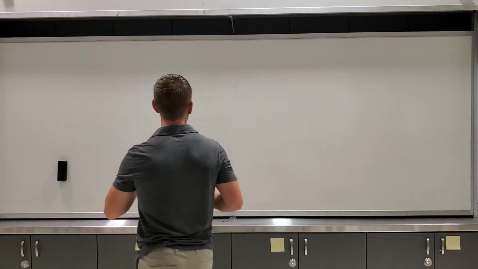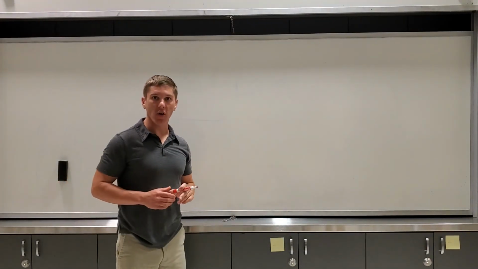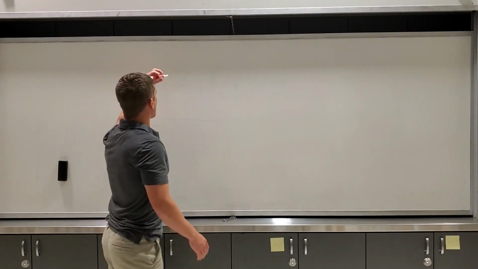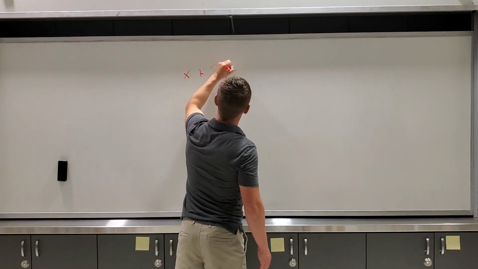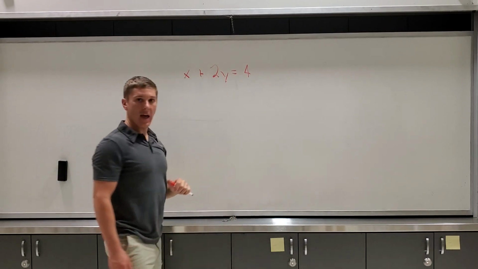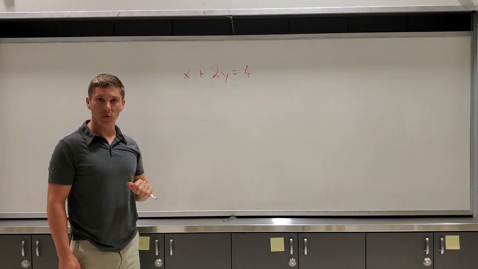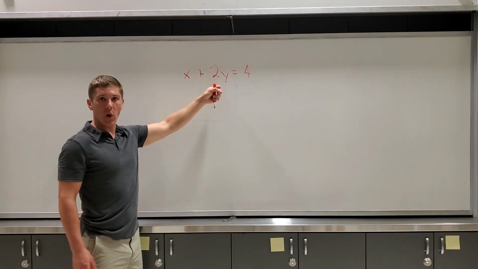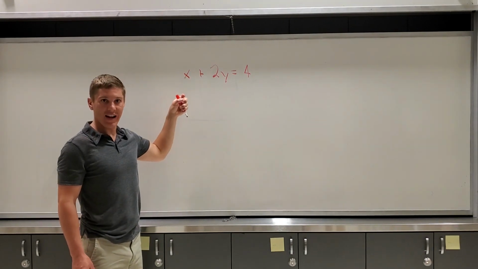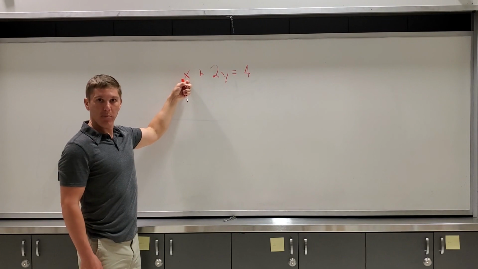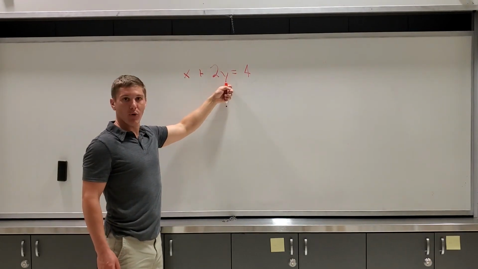Let's say I have a two-variable equation, something like x plus 2y is equal to 4. I can't solve this equation, or I should say that this equation has infinite answers. For whatever value I plug in for x, I will get a different value for y.